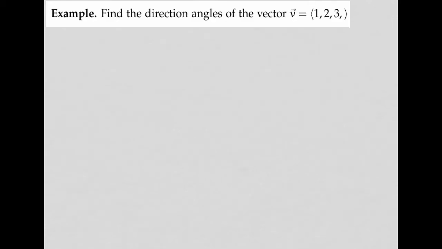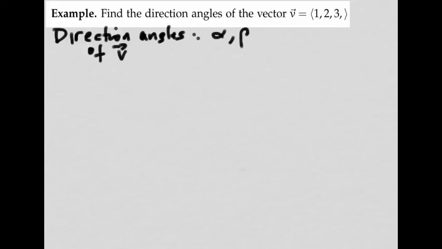Another example with direction angles. Find the direction angles of the vector v with components 1, 2, 3. The vector v is three-dimensional, so it has three direction angles, alpha, beta, and gamma. All of these angles are in the interval from 0 to pi.